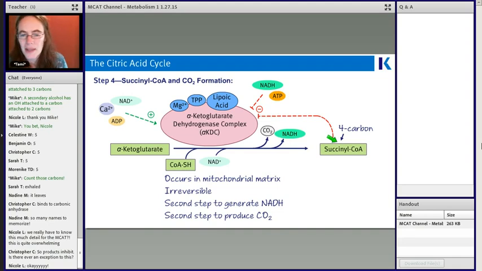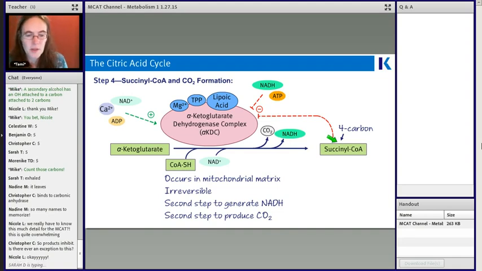There can be some exceptions to those, Christopher, but in general, anytime you have an enzyme, you are going to see that the product is going to come back and inhibit it, which is good. This is why we use enzymes.